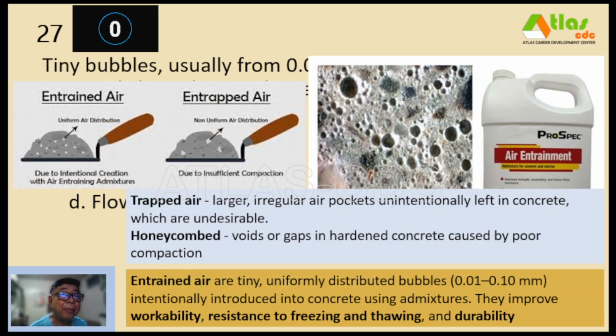So trapped air are larger, irregular air pockets unintentionally left in concrete which are undesirable. So ito yung entrapped air versus entrained air. Honeycomb, on the other hand, is voids or gaps in hardened concrete caused by poor compaction.